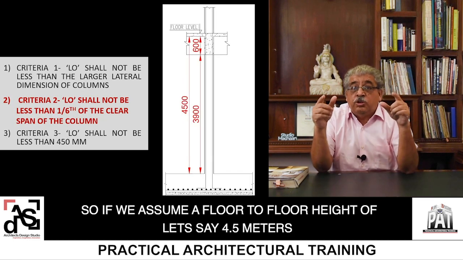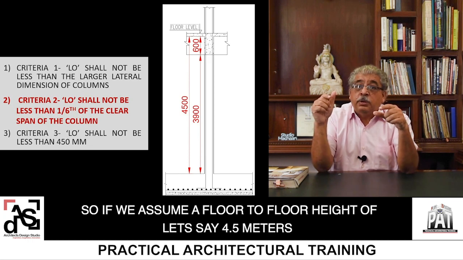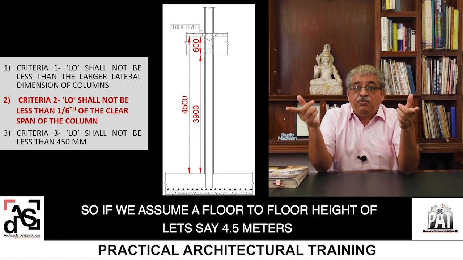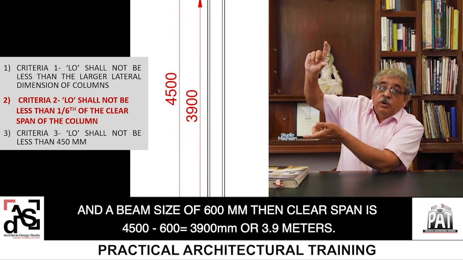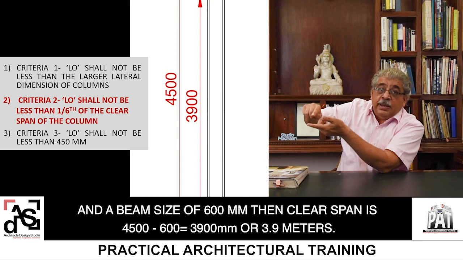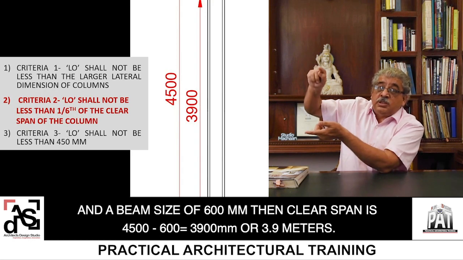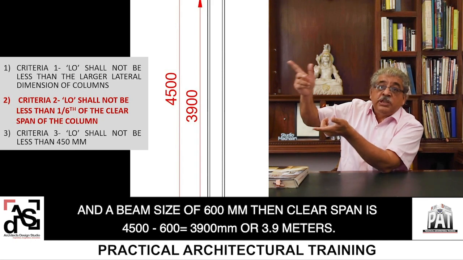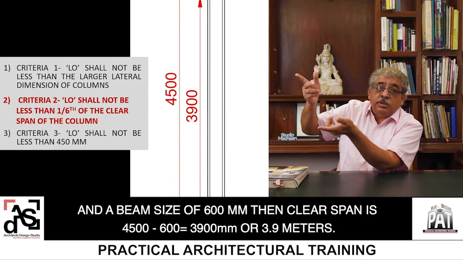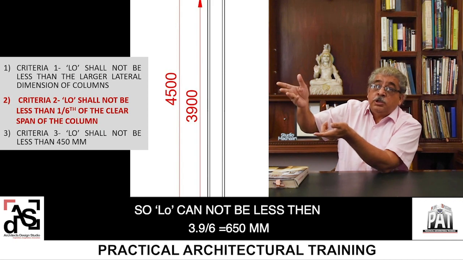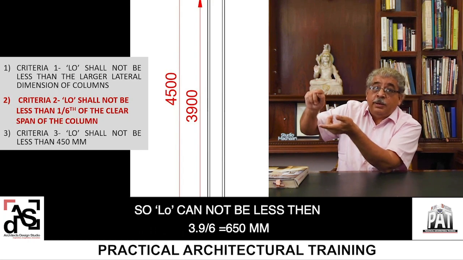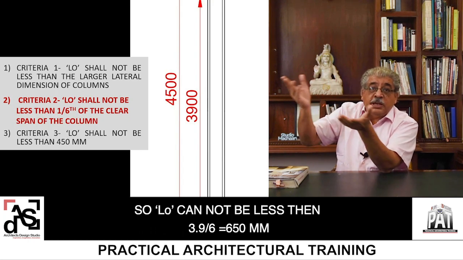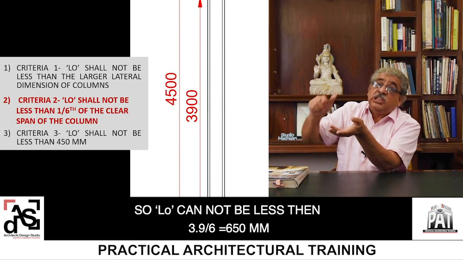So if we assume a floor to floor height of, let's say, 4.5 meters, which is shown in the diagram, and a beam size above of 600 mm, then clear span is 4500 minus 600, which is equal to 3900 mm or 3.9 meters. So LO cannot be less than 3.9 divided by 6, that is 1/6, which is equal to 650 mm.